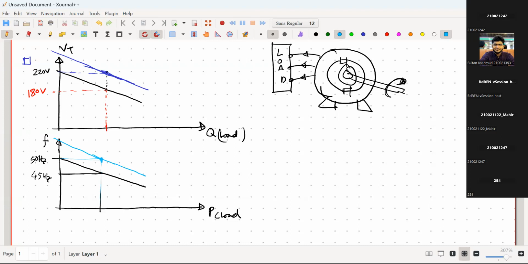Now, under this condition, if I remove this load, then this point will come here, which is higher than the 50 hertz frequency. When it comes here without any load, again you need to reduce the rotational speed so that it maintains 50 hertz. So all the time you need to control this speed.